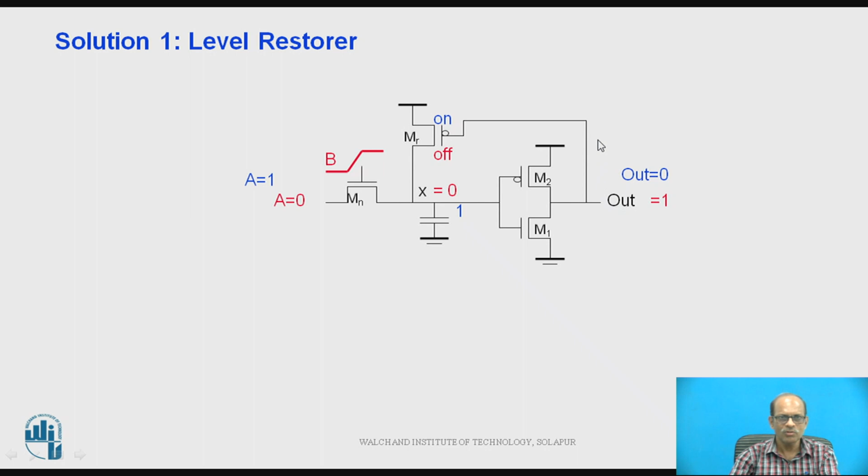Because the output is 0, this PMOS turns on, and this 1, which was less than VDD, is restored to VDD, because there is a low impedance path from VDD to the node X. So this is the first solution to reduce the static power dissipation.